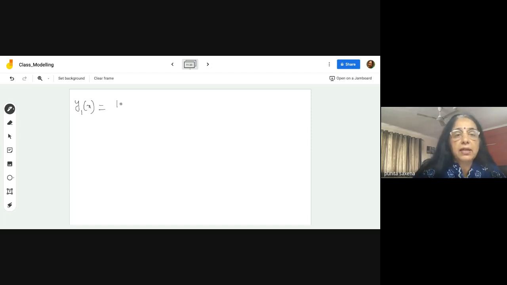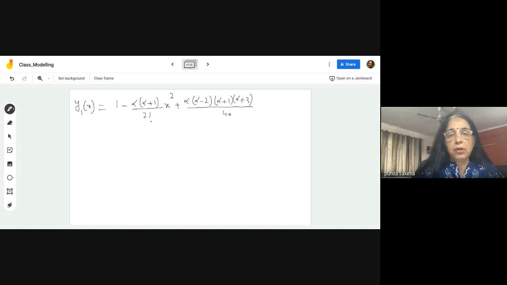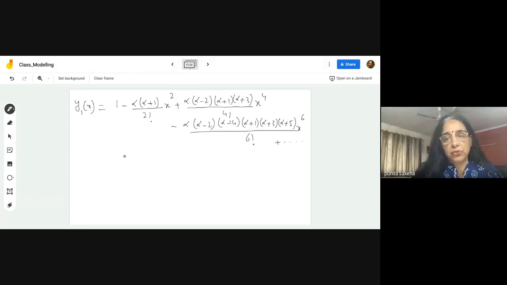So my y1(x) is 1 minus alpha(alpha plus 1)/2! x^2 plus alpha(alpha minus 2)(alpha plus 1)(alpha plus 3)/4! x^4 minus alpha(alpha minus 2)(alpha minus 4)(alpha plus 1)(alpha plus 3)(alpha plus 5)/6! x^6, and so on and so forth. Is that okay? This is my y1(x).